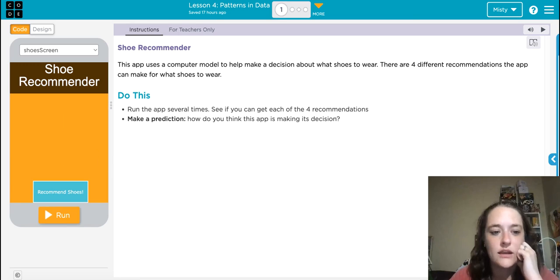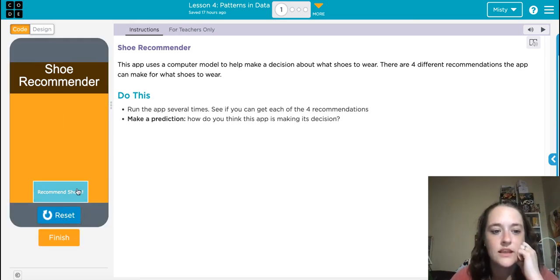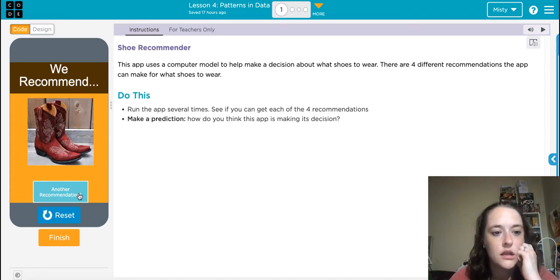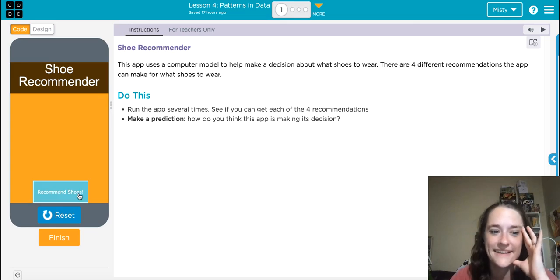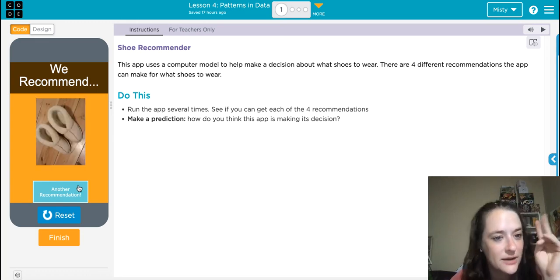So I'm going to go ahead and run the app several times. See if you can get each of the 4 recommendations. So there are 4 recommendations. So far, we've only gotten cowboy boots. Okay, now we've gotten house shoes.